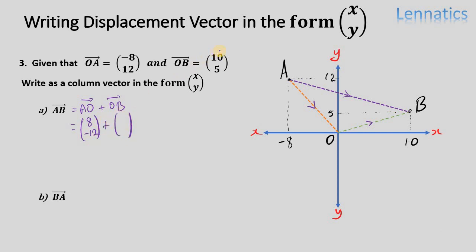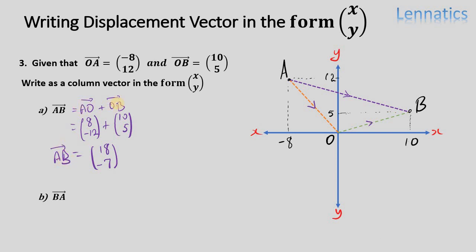OB is 10, 5. When we add these, we get 8 plus 10, that's 18. And negative 12 plus 5, adding two numbers with different signs, we subtract. We have more negatives than positives, so we keep the negative. That's vector AB.